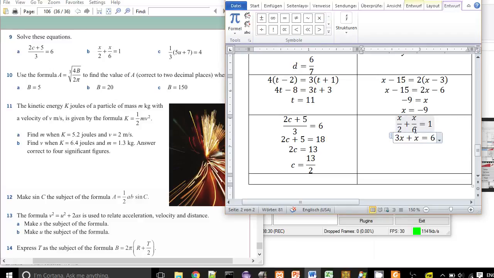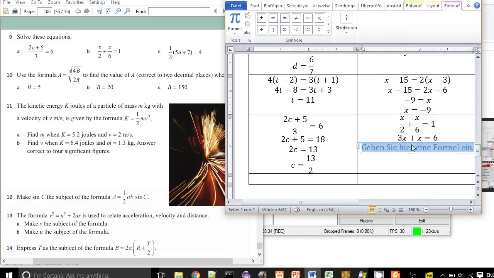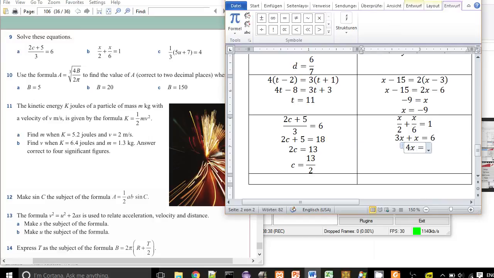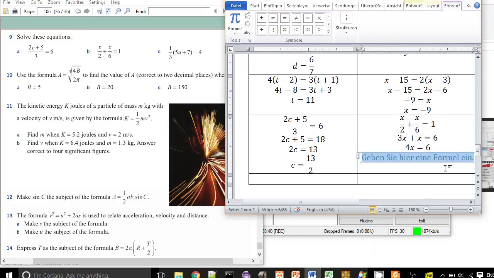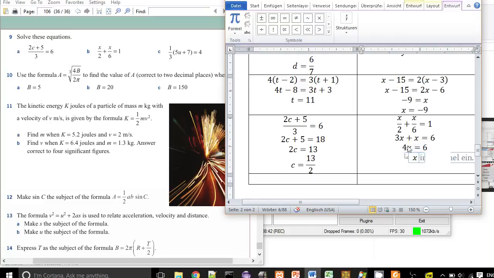We're timesing everything by 6. So now this is a bit easier. 3x plus x. We can simplify. It's 4x. And then we just need to divide by 4. So 6 over 4, which can be simplified to 3 over 2, which is the same as 1.5.